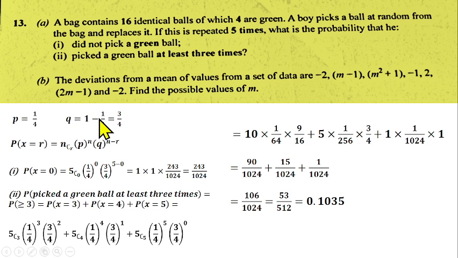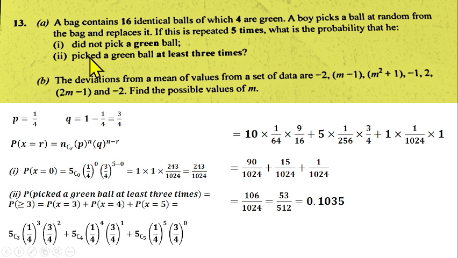Then using the formula for binomial distribution, the probability of the event is equal to nCr into p raised to power r, multiplied by q raised to power n minus r.